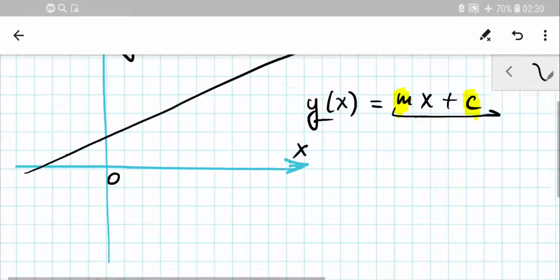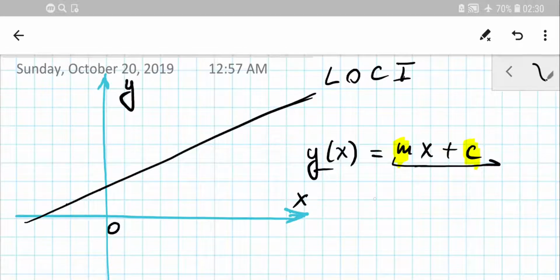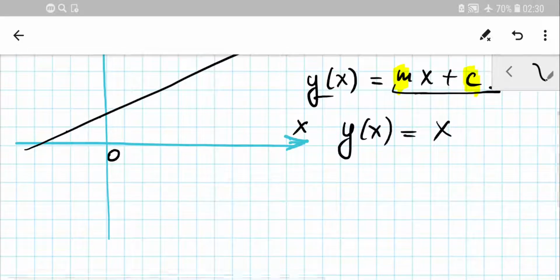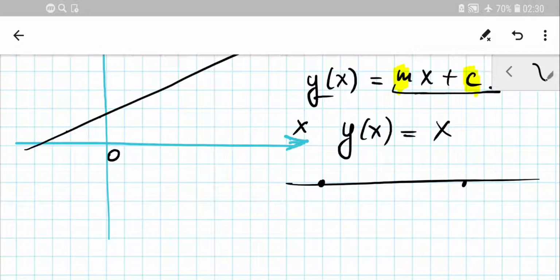First of all, our basic line is just y equals x. How do we build the graph of this function? You know from geometry that we need just two points in order to connect them with a single line. For this reason, it's really enough to have two points.